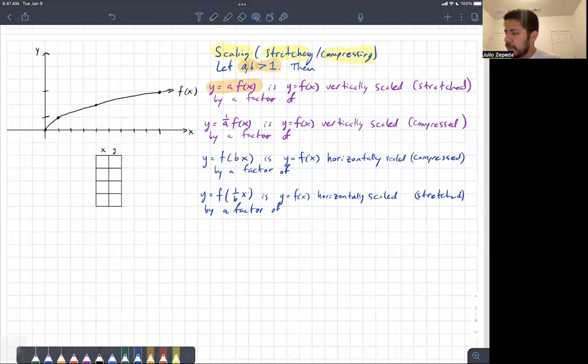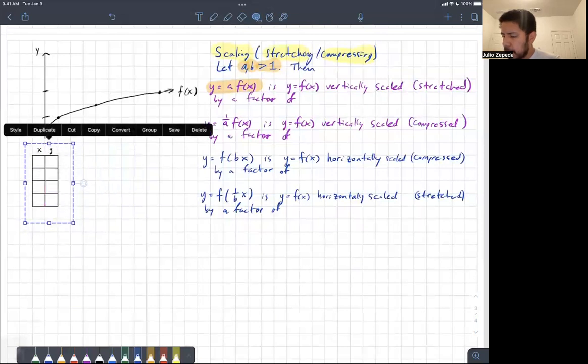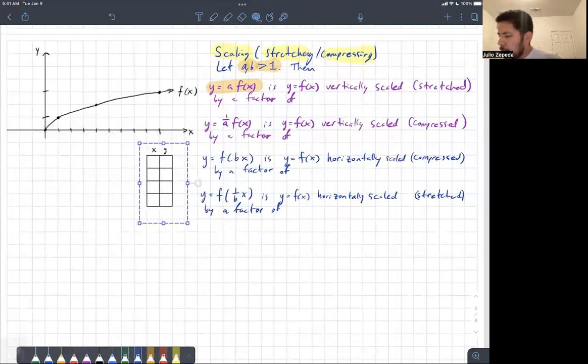So for y equals f of x, where f of x is just the square root of x, the values that we were working with were 0, 0, 1, 1, 4, 2, and 9, 3.